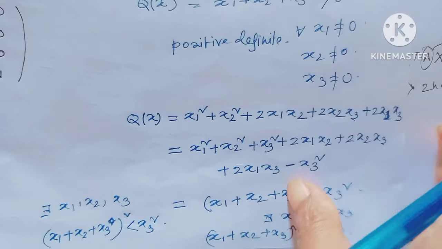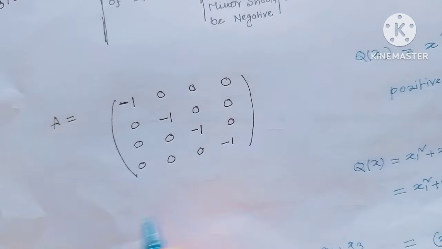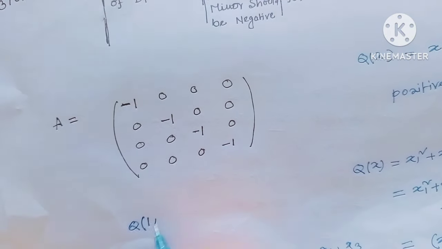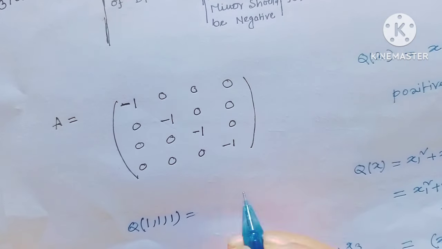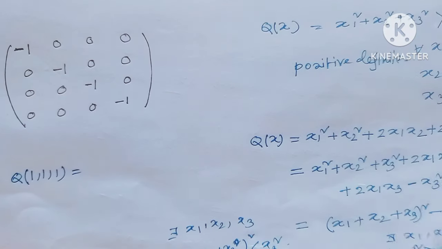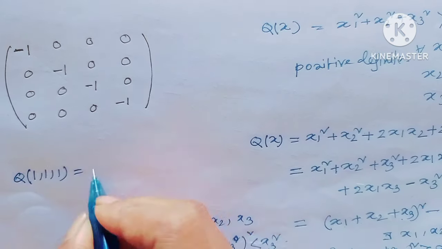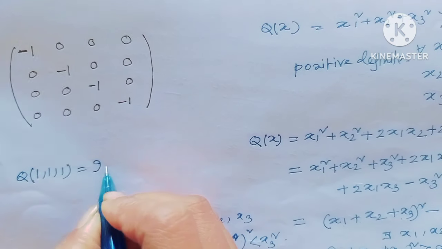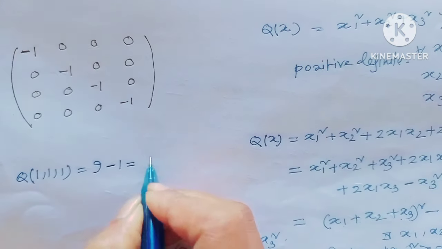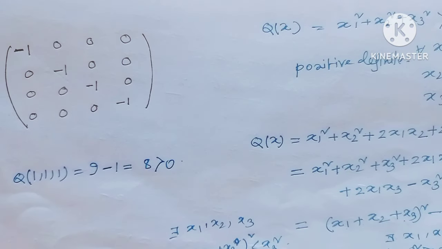As for example, if we consider Q(1, 1, 1), this value would be (1 plus 1 plus 1) whole square, 9, minus 1, which is 8, strictly greater than 0.